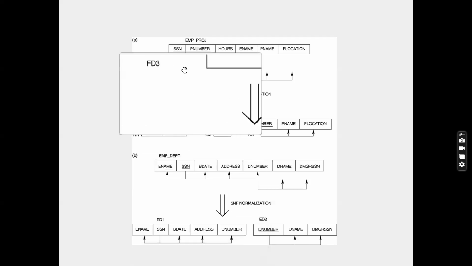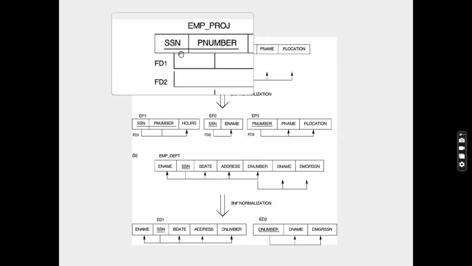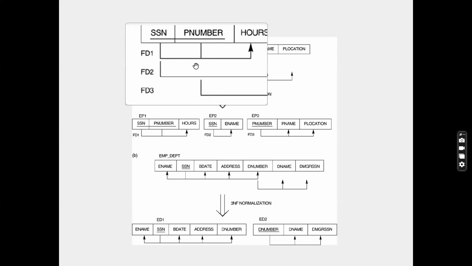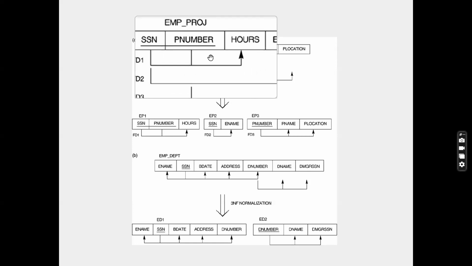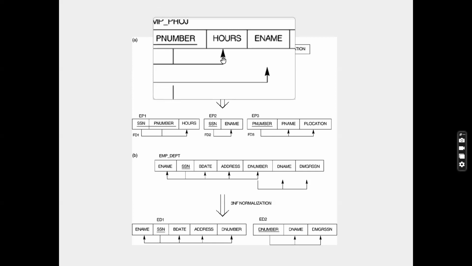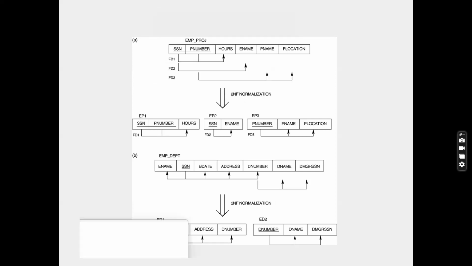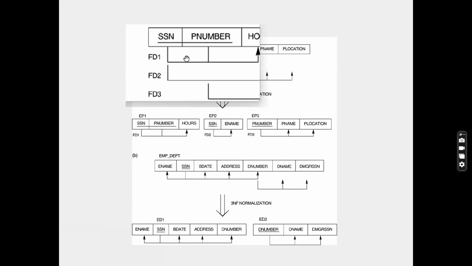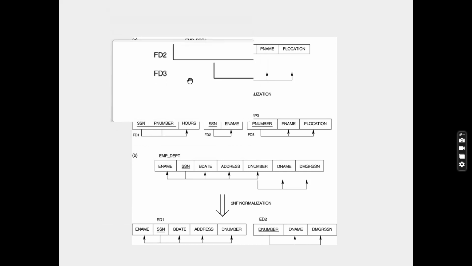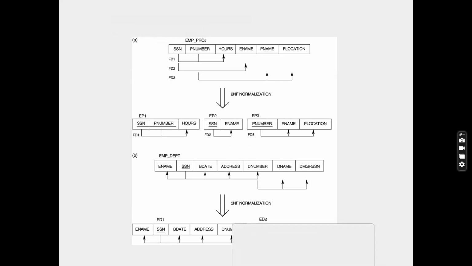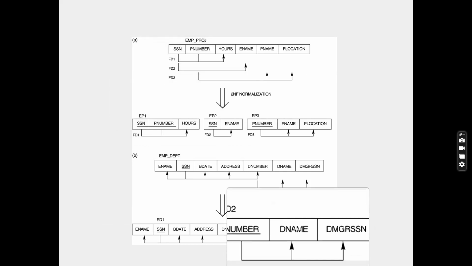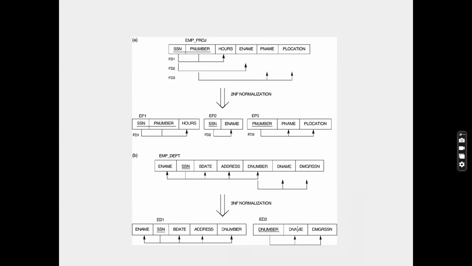Now functional dependency means, using this primary key, both social security number and project number, we can determine number of hours a particular person works for the project. Second, using social security number, you can determine employee name. Then using project number, you can determine project name and project location.